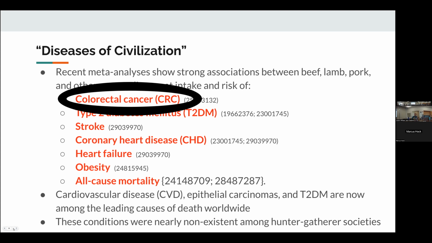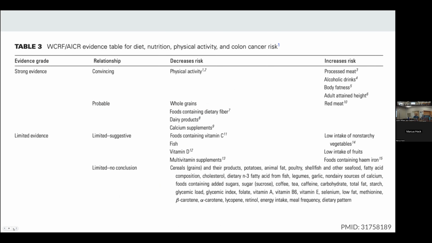But specifically, when I joined my lab, I was really interested in colorectal cancer. And so if you look at the EAT-Lancet report from Walter Willett at Harvard, he and his colleagues showed that if you want to talk about the highest increased risk with the most evidence and the most convincing association, you're going to see that colorectal cancer is, all besides one, dietary related.